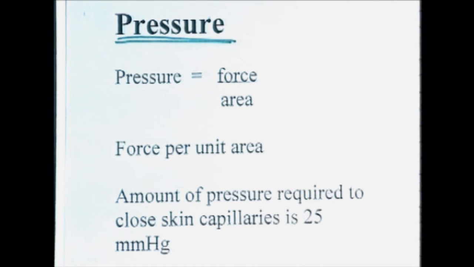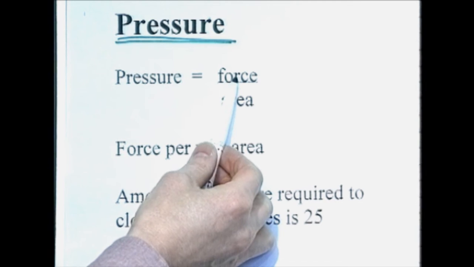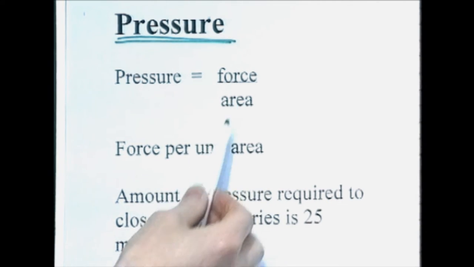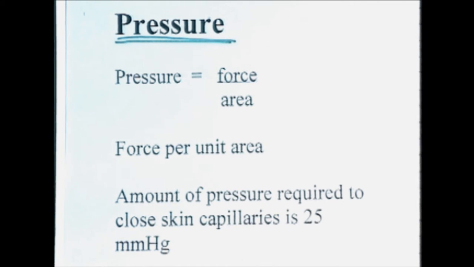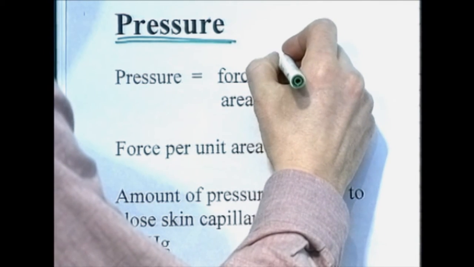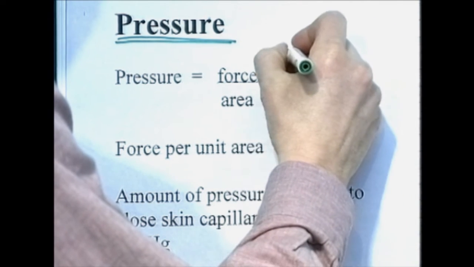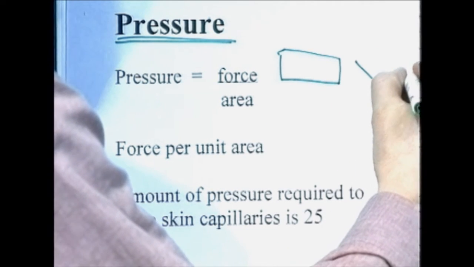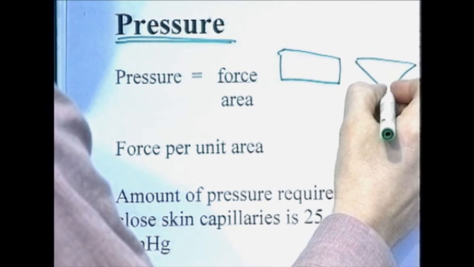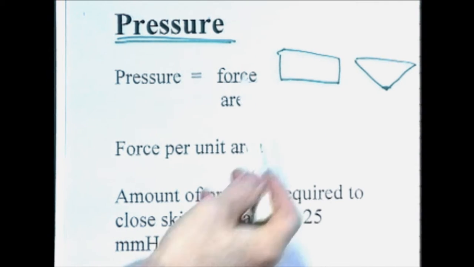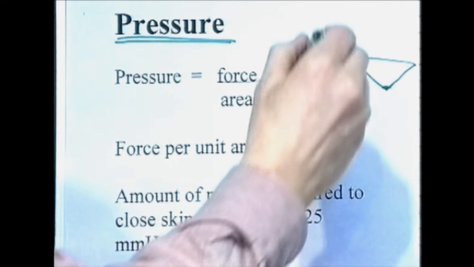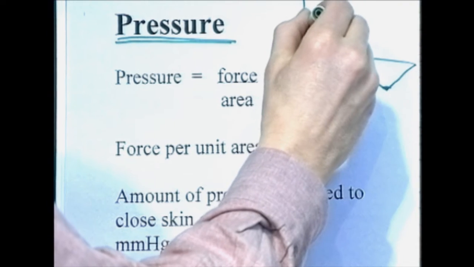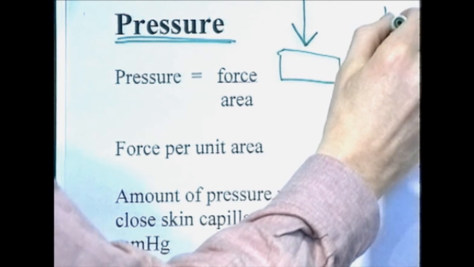Well, pressure is determined by two factors: the amount of force pressing down and the amount of area it's pressing down on. So for example, if you had two blocks that weighed the same, and one was this shape, but one was this shape, they both weigh the same, and because they both weigh the same, the amount of downward force generated by their weight under gravity would be the same.